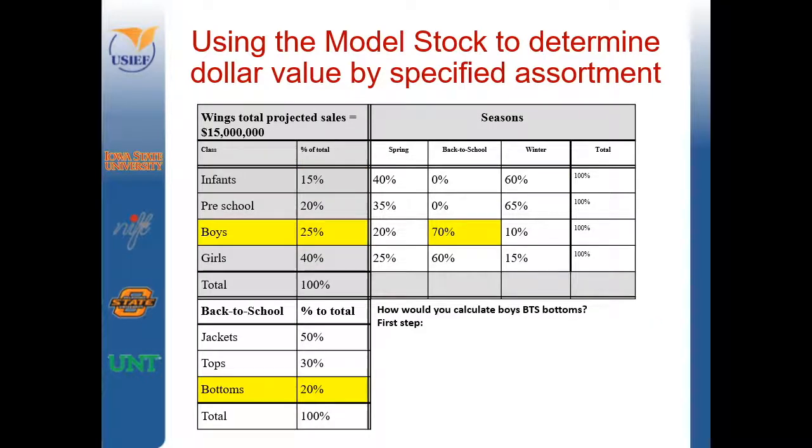What if we wanted to do this for boys back to school? We could follow the same process, starting with our 15 million, multiplying it by our 25% converted to a decimal of 0.25, we would get 3,750,000.